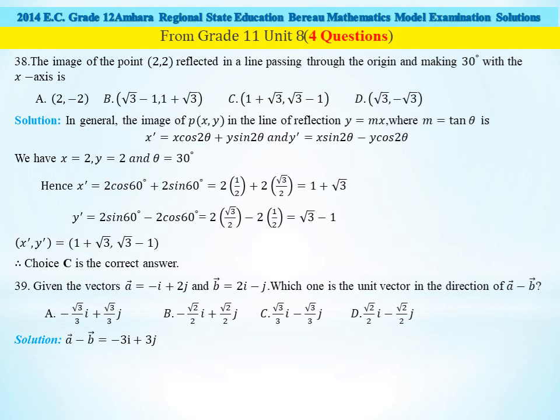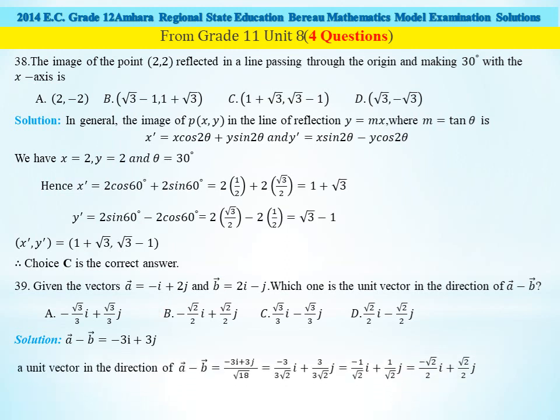Here minus i, minus 2i minus 3i comes, here 2i plus, I mean 2j plus j comes, which is 3j. So what is the corresponding unit vector for this vector? Unit vector in the direction of vector a minus vector b is equal to vector a minus vector b over the norm of this vector.